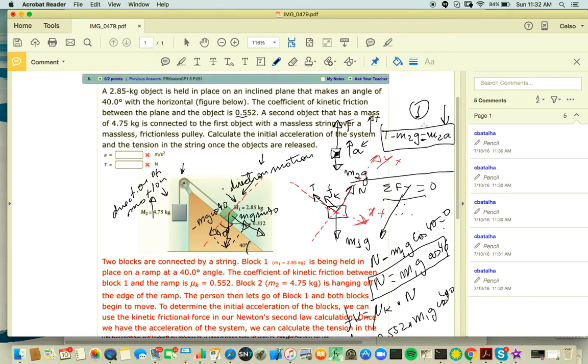So when you add number 1 to number 2, or when you single out tension here, tension is m2a plus m2g.